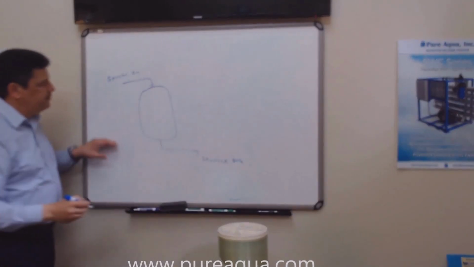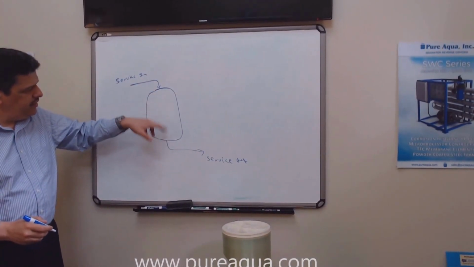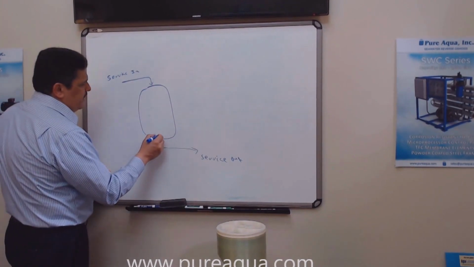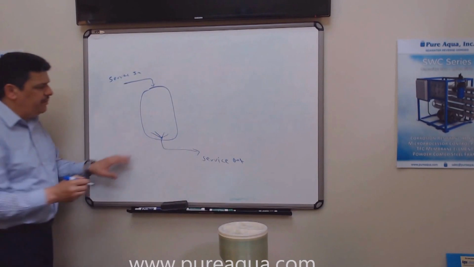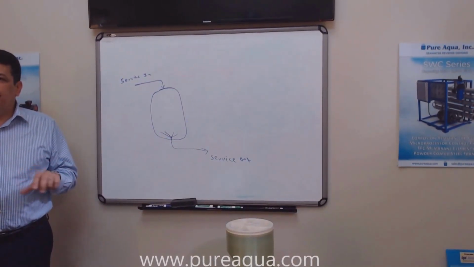Okay, so water comes in, goes inside the tank with the media, different media, then it goes out. So usually we have a bottom screen. Those are different bottom screens.